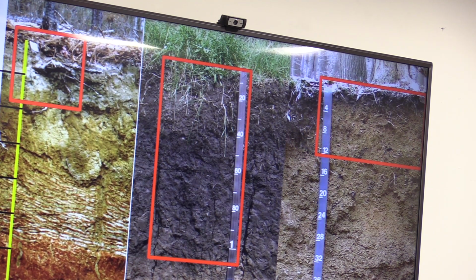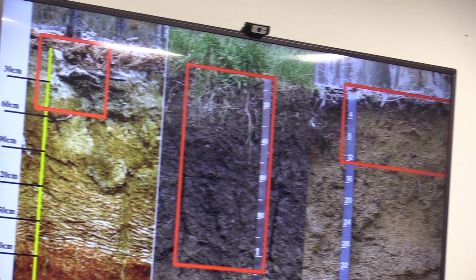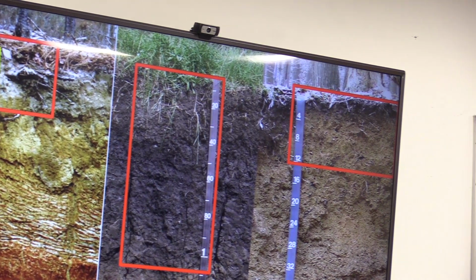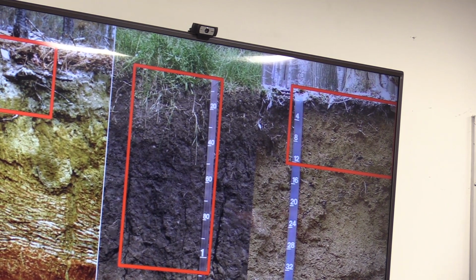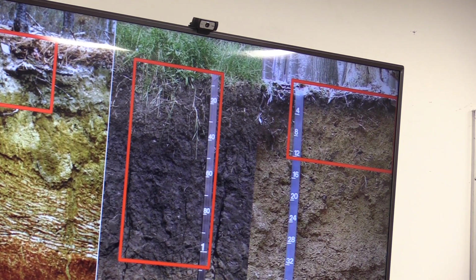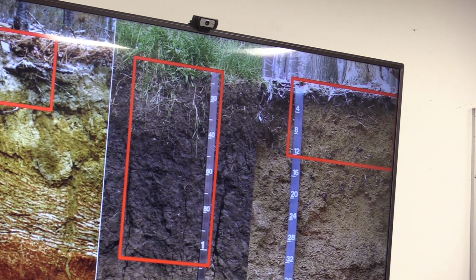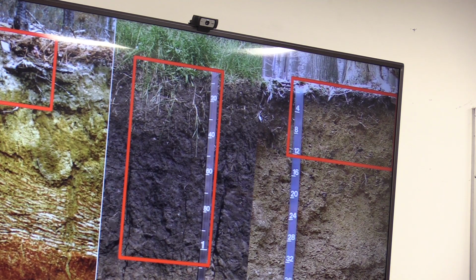And then a hardwood forest, the units are different. Now we're in feet. It's about a foot deep, and it's comparable to the pine. The difference is the thickness of the O is going to be different. And oftentimes what we're going to see is a little bit thinner O in the hardwood forest, a thicker O in the pine.